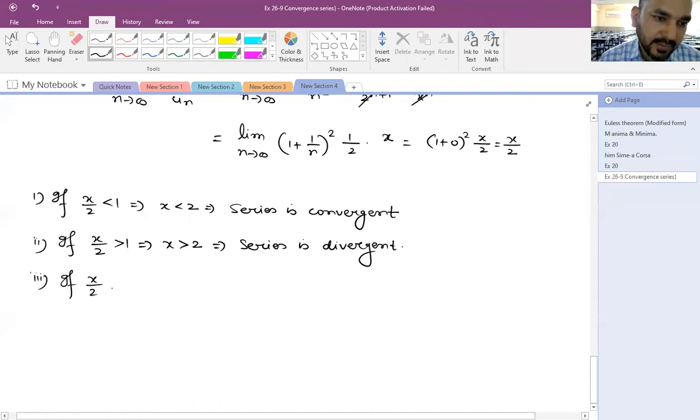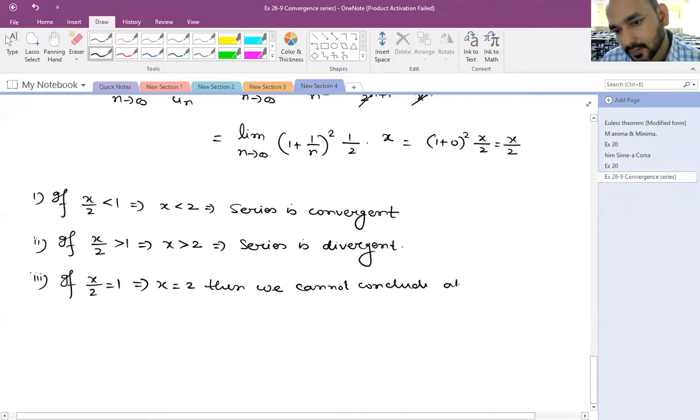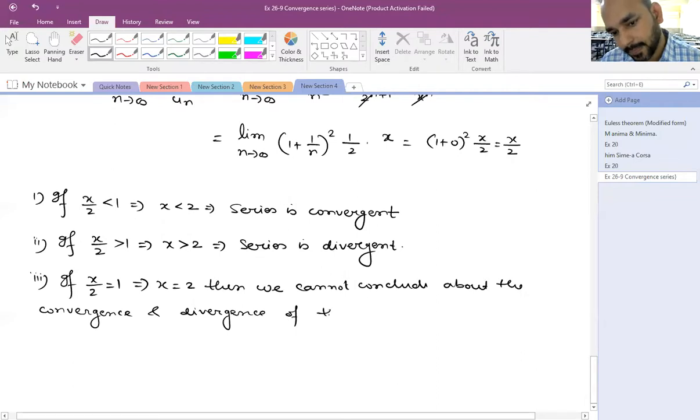If x by 2 is equal to 1, implies that x is equal to 2, then we cannot conclude about the convergence and divergence of the series. Is the concept clear to all of you?